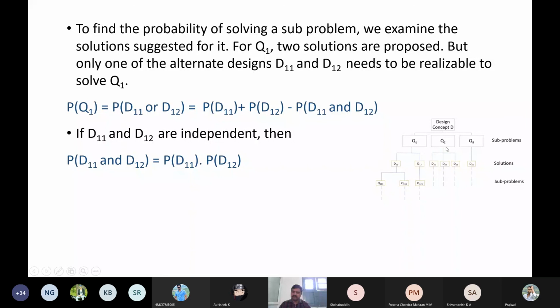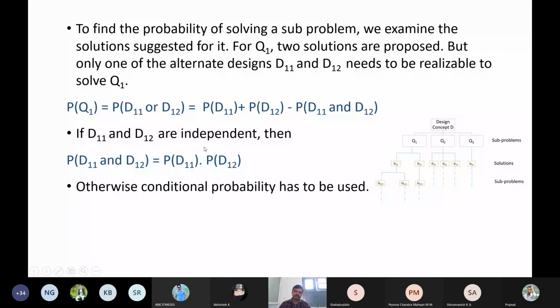In the problem, they will specify the physical realizability of subsolutions and subproblems and solutions. They will give it in the problem itself. You have to find out the overall physical realizability of the design concept. Otherwise, if these two are not independent, then you have to use conditional probability.